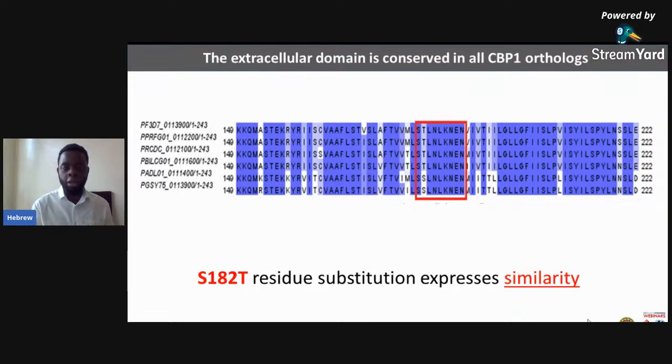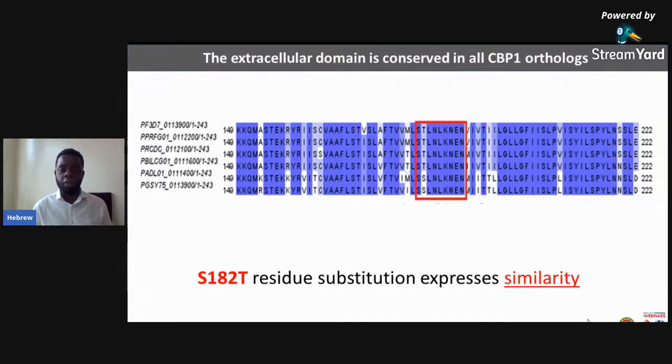And the red box is just to show you how conserved it is, meaning it is a very key region which we are now hypothesizing is the main link between the infected red blood cell and the ligand. So it is the one that actually makes the infected red blood cell act as an adhesant to the ligand.